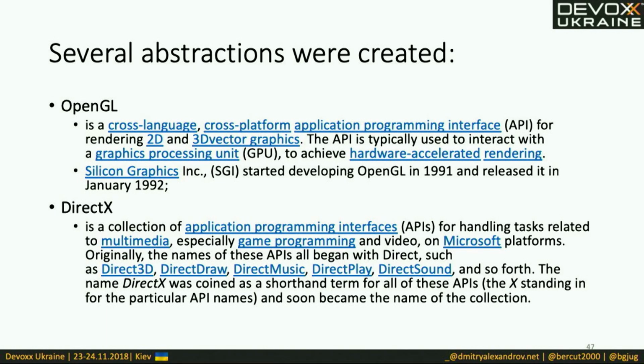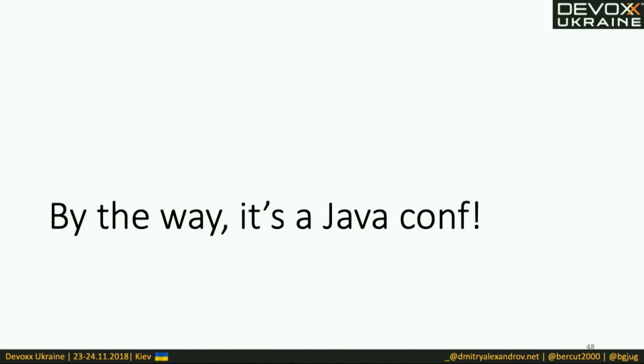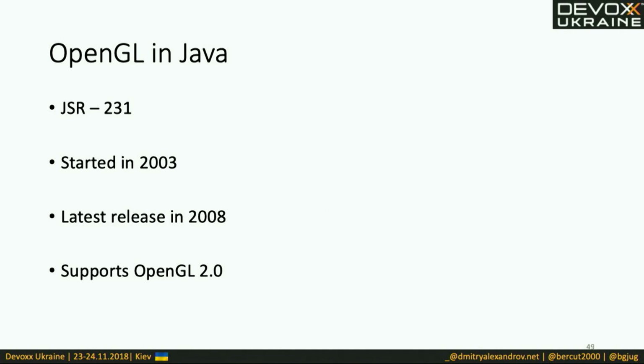It all started from this, and since it's a Java conference, or not exactly a Java conference, Devoxx is mostly a Java conference, how on earth can we do it in Java in terms of graphics? So of course, Java said, cool, there's OpenGL, we have to use it. There was a JSR back in 2003 called JSR 231. But then they said, why on earth should we use graphics in Java?